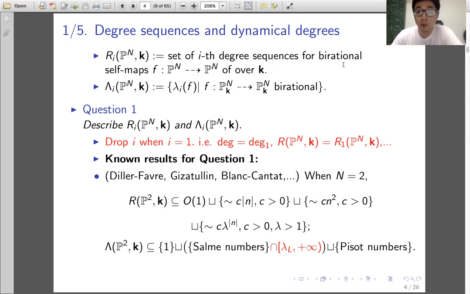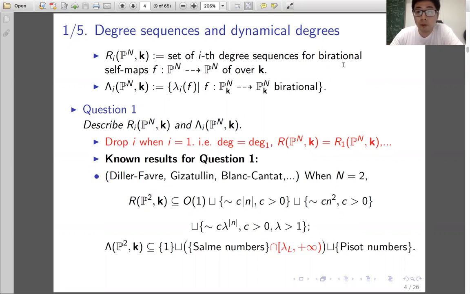For example, we can show that the growth of the degree sequence for a rational self-map of P^2 is either bounded, or linear, or quadratic, or exponential.